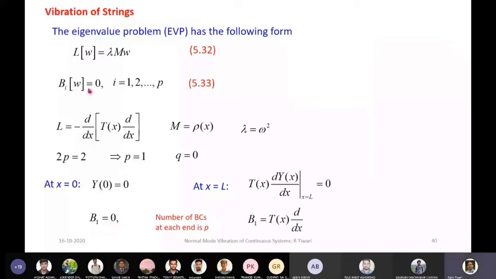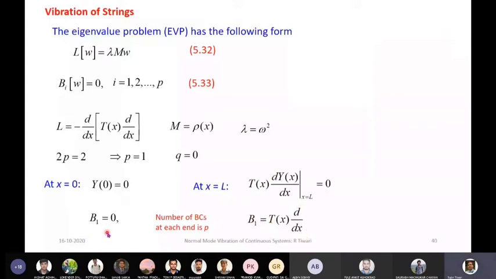As compared to this general formulation, here B1 is 0 because the operator BI is not there. So BI is 0. Basically, it is defining the operator order. Because this is just a function, the operator is 0. But here, if you remove the Y, the operator is the remaining thing, which is the B1 operator.